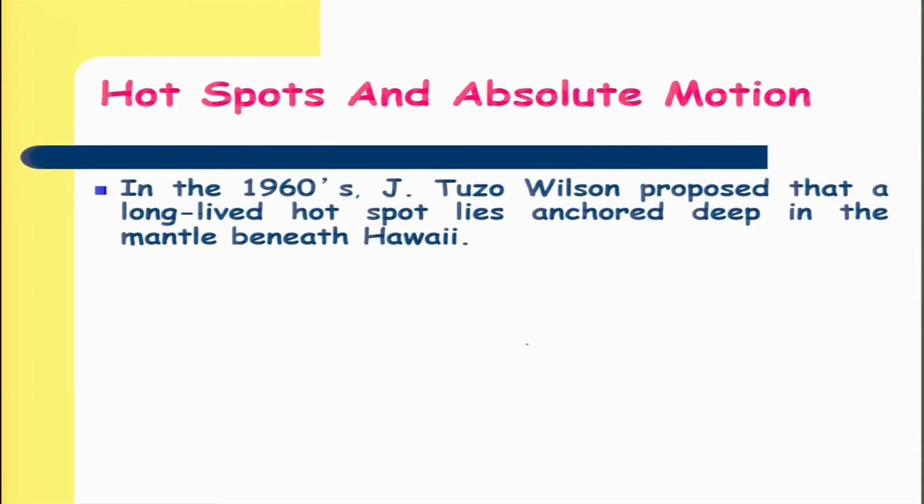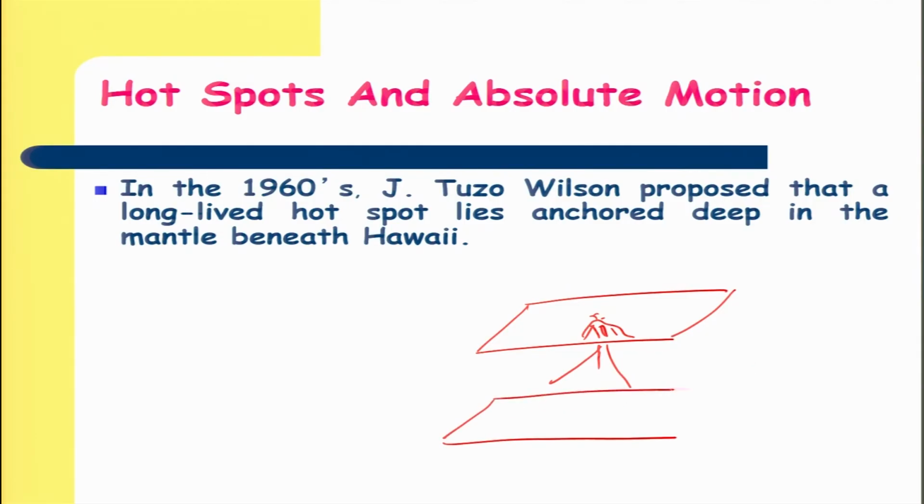What he wanted to suggest is, suppose you have a piece of plate here, and a hotspot which is pouring out magma on the top. So you have volcanic eruptions here. Once the plate moves further, this volcano will become dormant, and this place is again having the chamber, so you will have another active volcano over here. That's how the whole chain was formed.